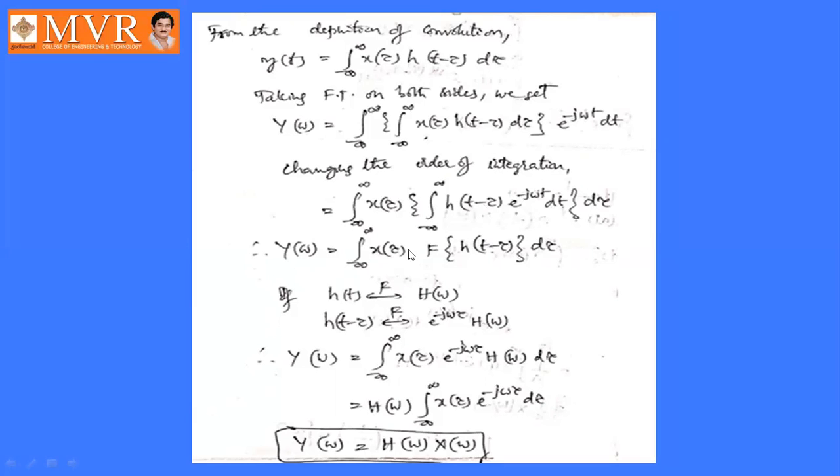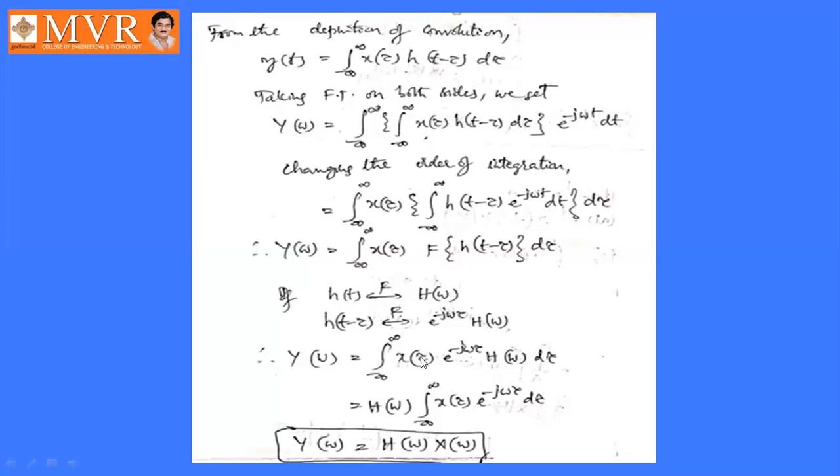If the Fourier transform of h of t is h of omega, then the Fourier transform of h of t minus tau is nothing but the time shifting property, that is e power minus j omega tau into h of omega, right? So y of omega will become integral minus infinity to infinity x of tau is already there, and the Fourier transform of h of t minus tau is e power minus j omega tau into h of omega, and this d tau, right?